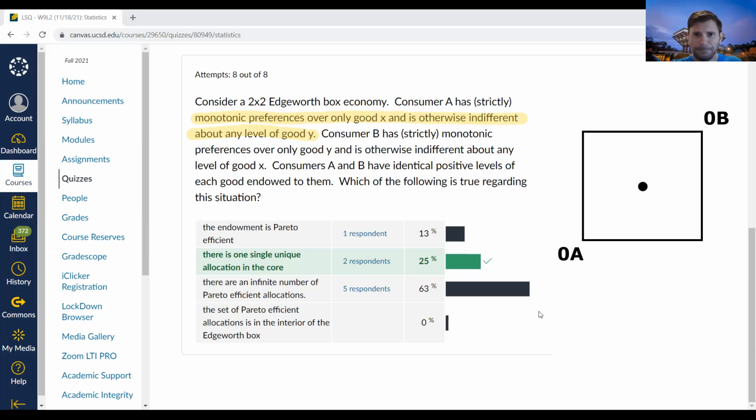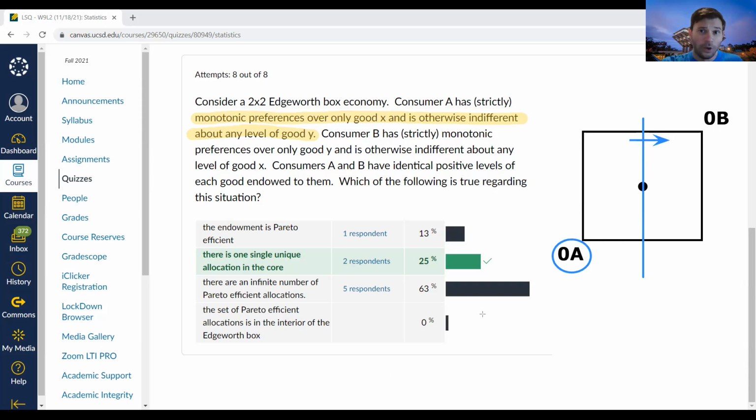What do you think? Yeah, they've got to be straight lines. That's right. It's going to have to be a straight vertical line. If you only care about good X, then this is going to be the better-than direction, right? You only care about moving right. You don't care about moving up or down.